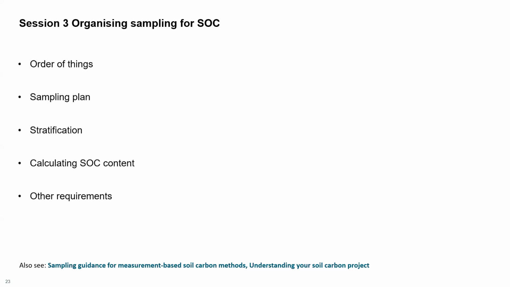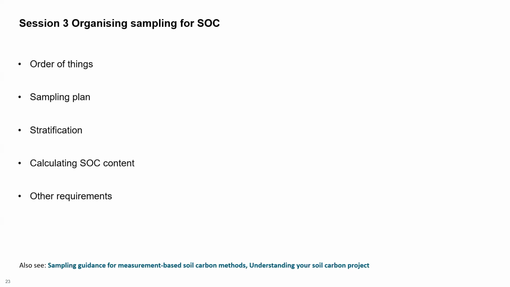We'll talk about stratification, extremely important, probably the second most important thing apart from rainfall and moisture that can influence the results of your soil carbon project. Then a quick look at how you calculate the soil carbon content from the results of your samples, and then all the requirements for the soil sampling, a collection of things you need to know.